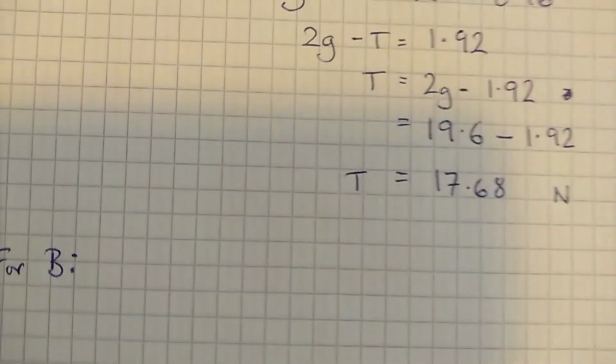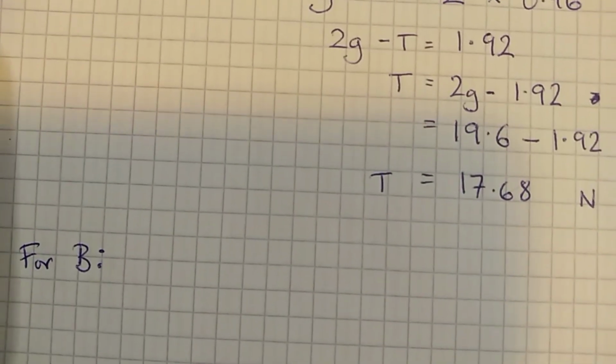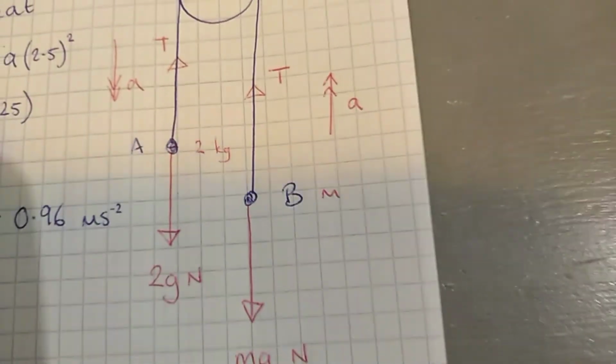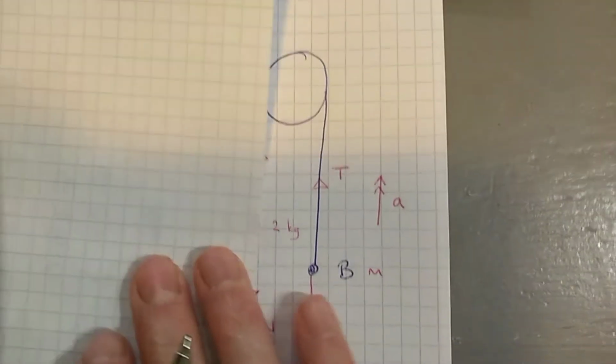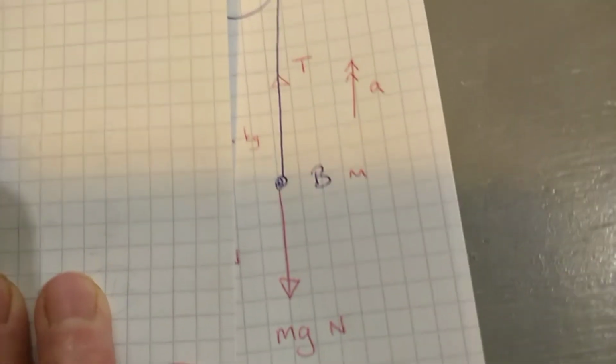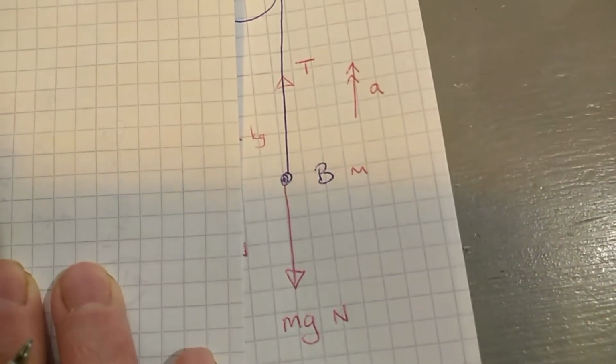Now, what we do know is T, and T is the same in both bits of the string. So we can see 17.68 minus mg, remember g is just a number, equals m times 0.96. Let's see if we can rearrange this for m, add that mg onto that side.